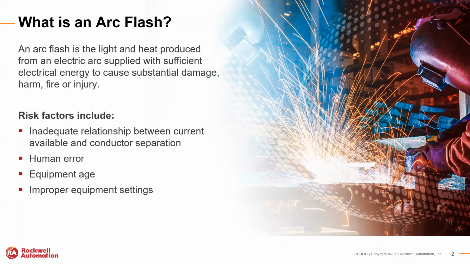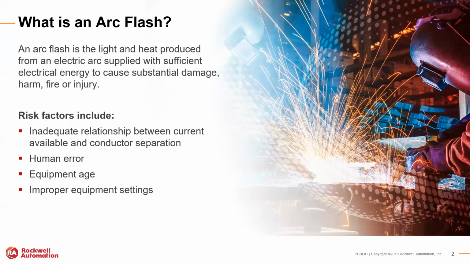It usually vaporizes metal parts of whatever electrical enclosure the flash initiates from, which sends flying shrapnel through the air, causing danger not only to the person interacting with that piece of equipment, but also other employees or personnel who may be in the area.